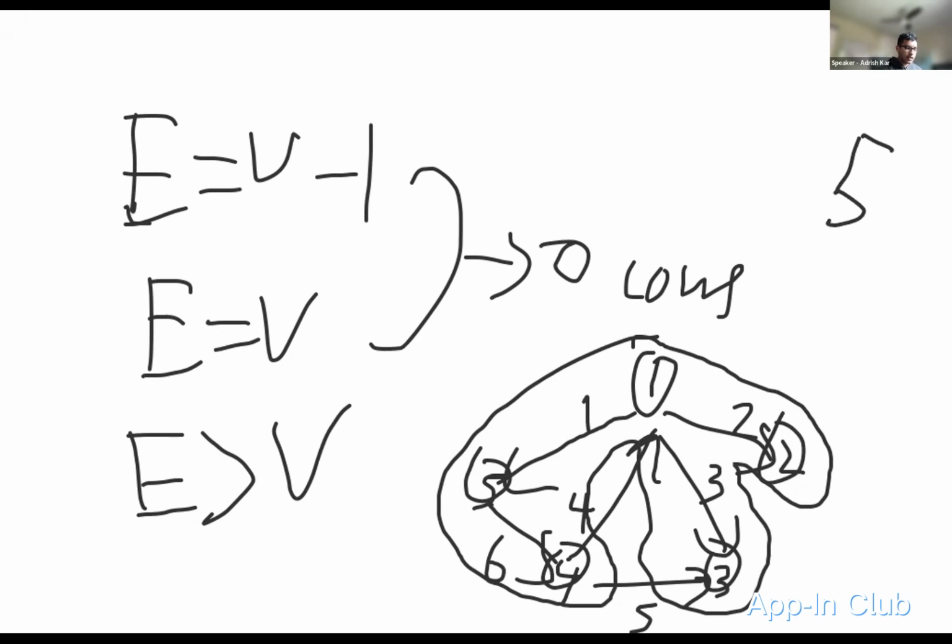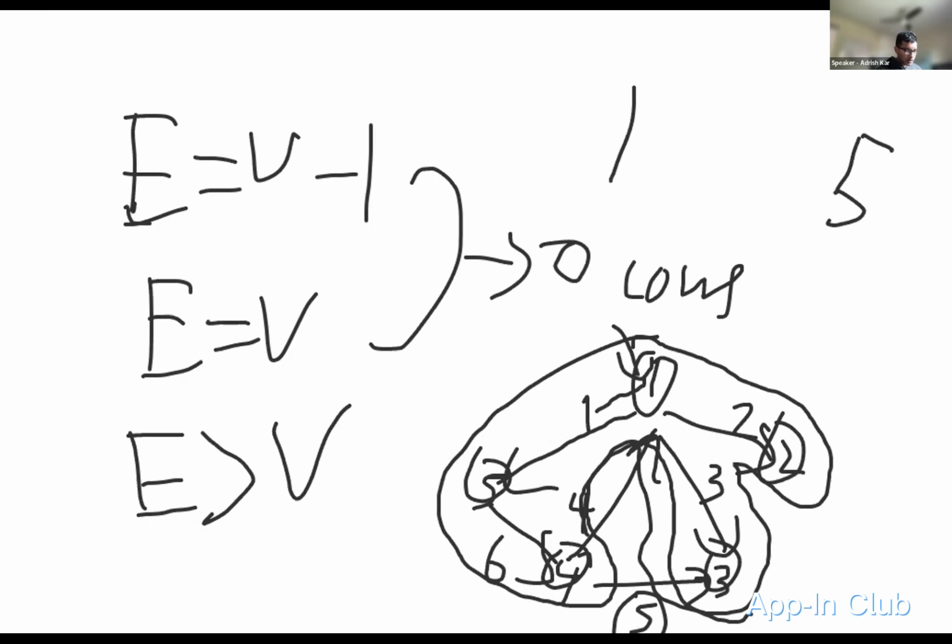So 5 would go at the end, but now we can do what we did earlier. Since we isolated a tree, I guess this is not a tree if we include 4, but we can do a DFS starting from the root, and we add the edge labels as we encounter them.